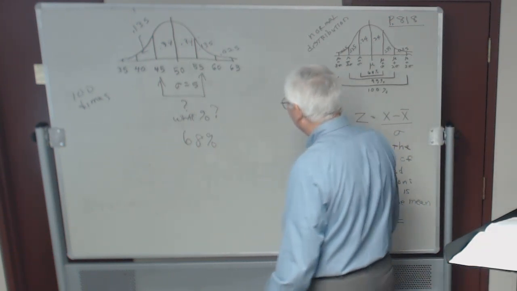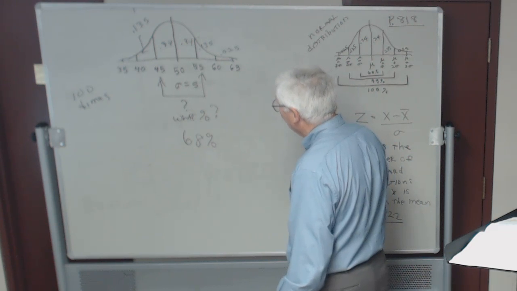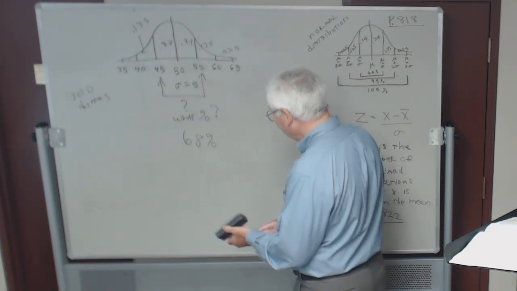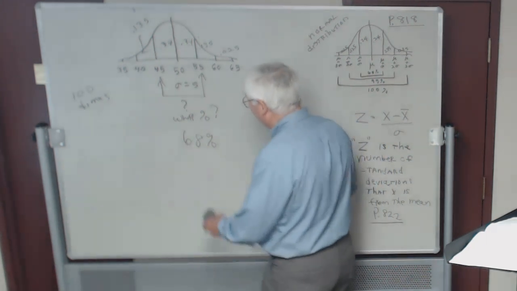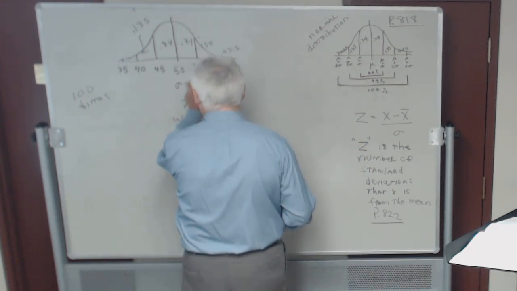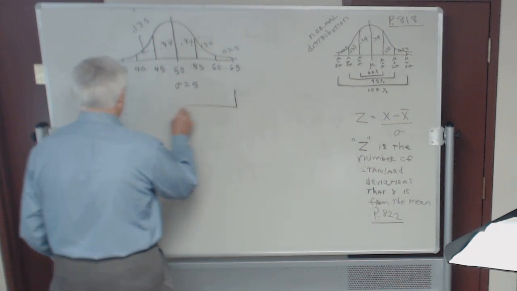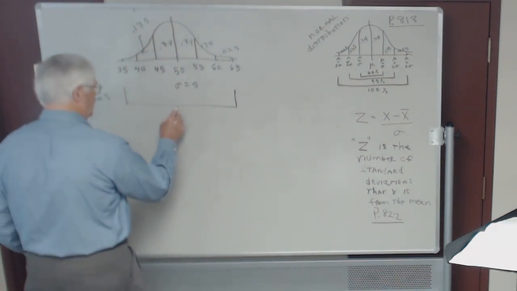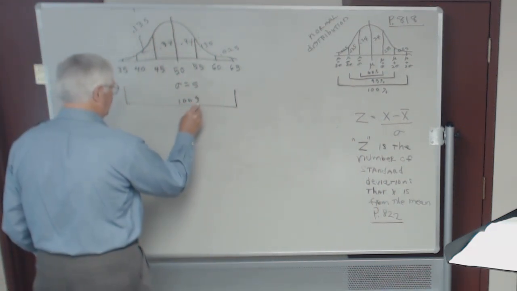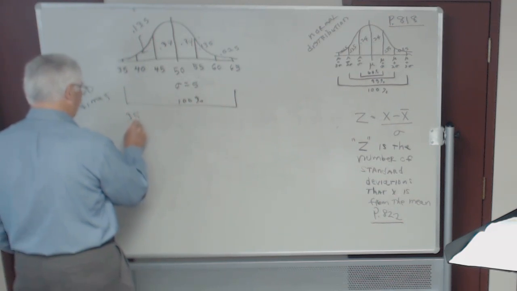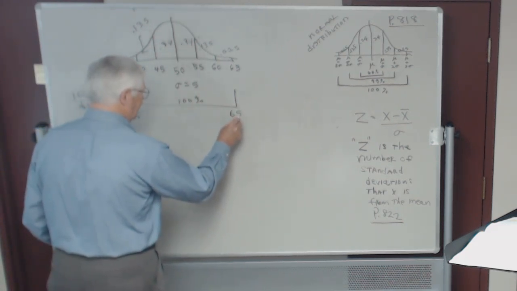How many heads will I have to get? 100% should fall between where? 100% should fall between 35 and 65. Agreed?